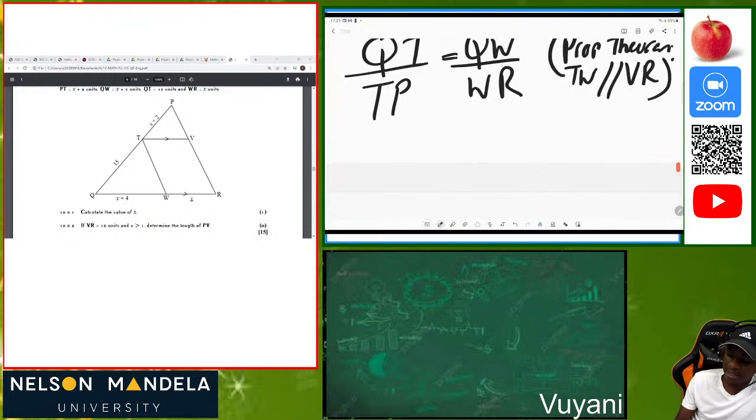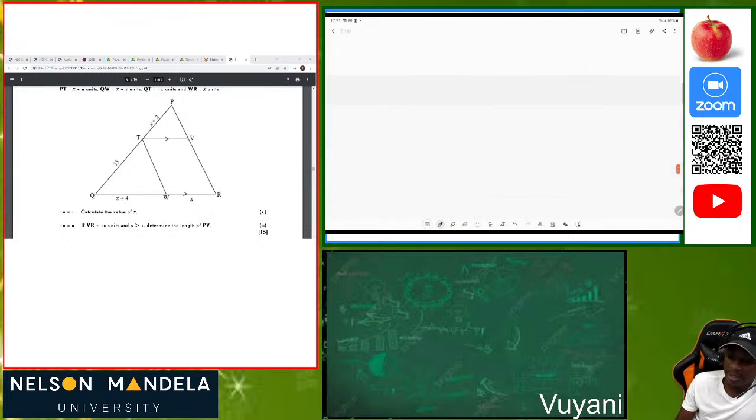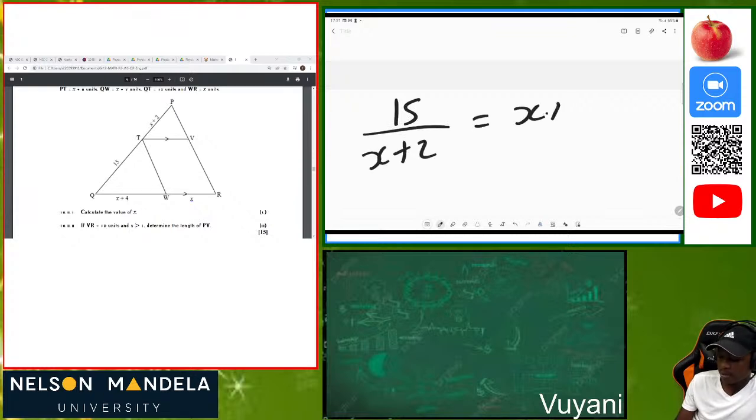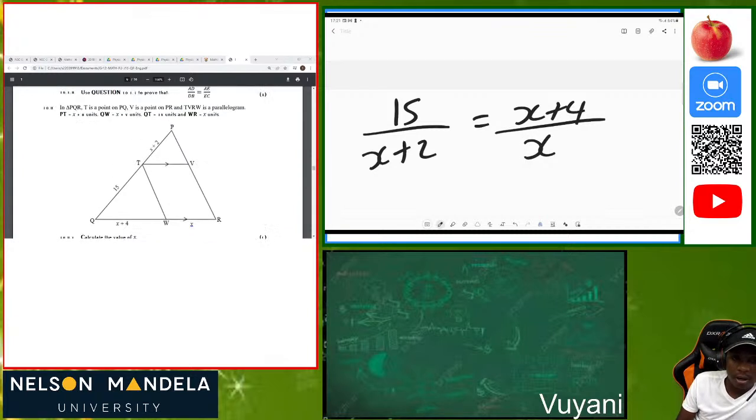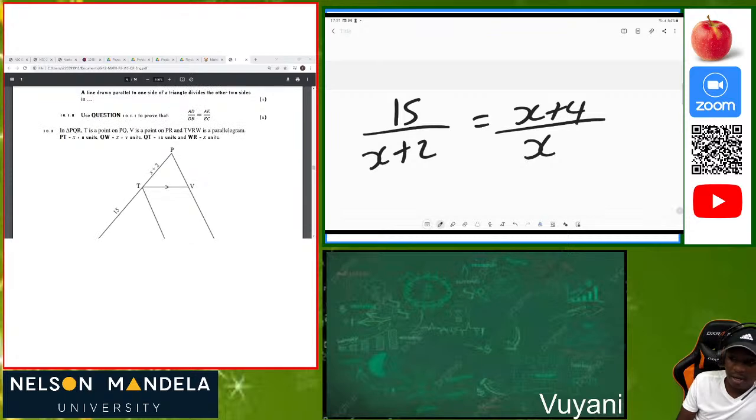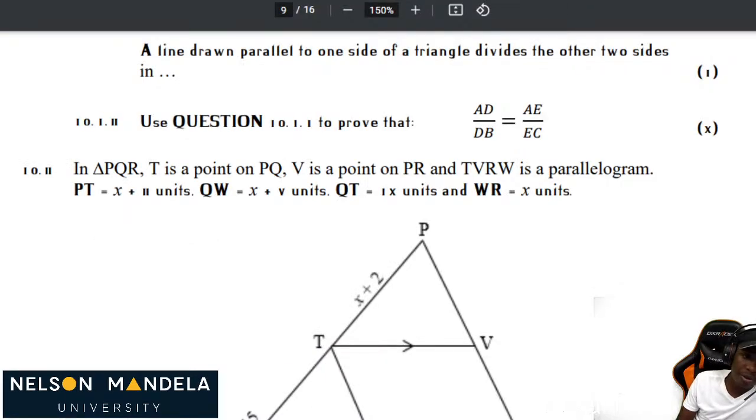Now let's substitute. It's going to be 15 over x plus 2 equal to x plus 4 over x. I hope everyone can see this clearly. You must take note of our proportionality theorem, guys.